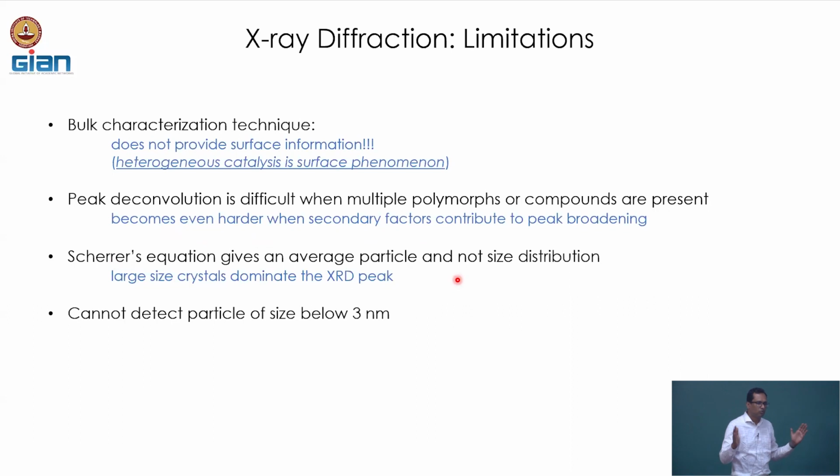So, if we do not know the particle size distribution properly, we are not able to extract all that catalytic information. And of course, in XRD, the large crystals usually dominate the peak.